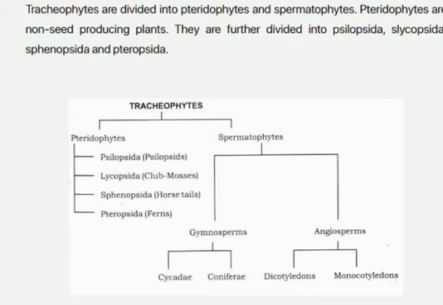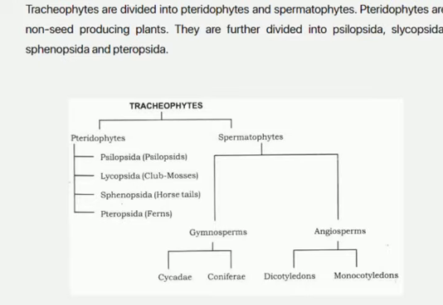The second type, spermatophytes, having seeds in them, are divided again into 2 types, gymnosperms and angiosperms. Gymnosperms have naked seeds in them. The examples are cycads and conifers, whereas angiosperms have seeds present in the fruits.